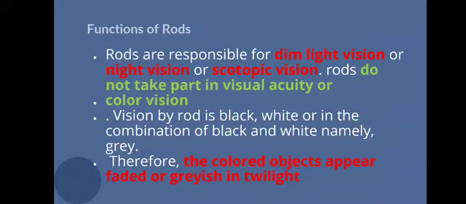Rods do not take part in visual acuity or color vision, which means the vision of rods is a combination of black, white, or gray, so that colored objects will appear faded or grayish in twilight.